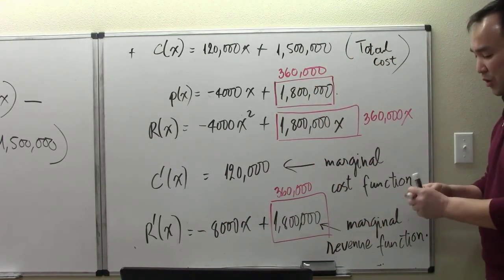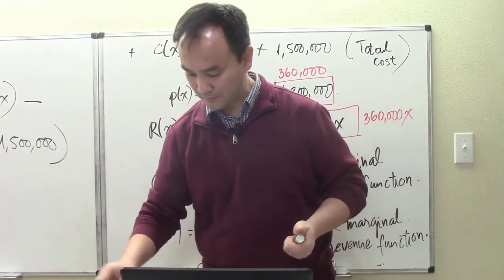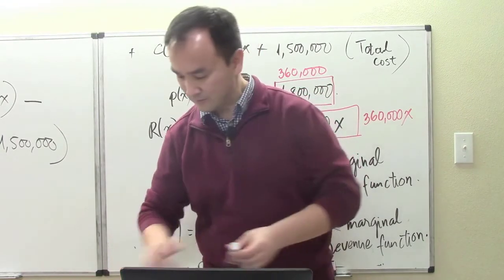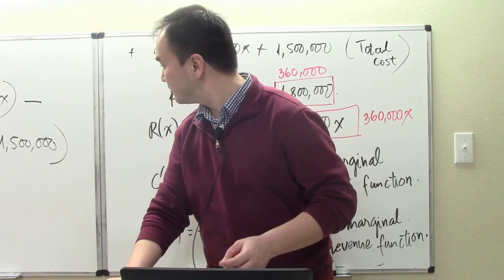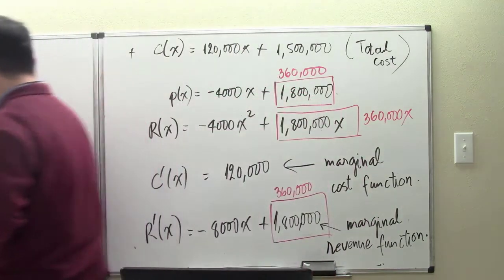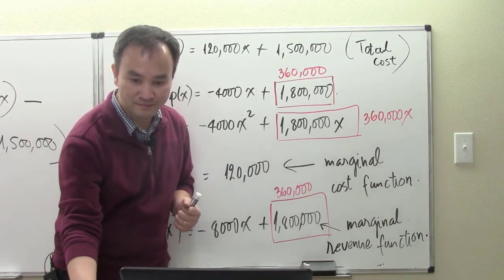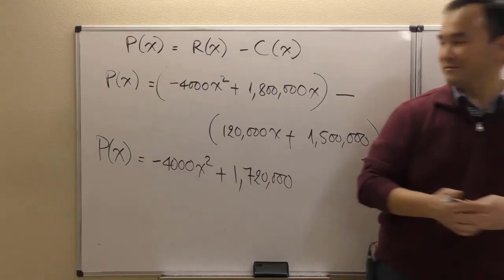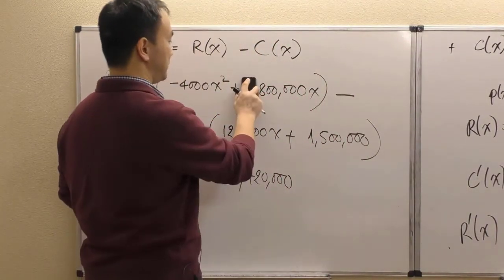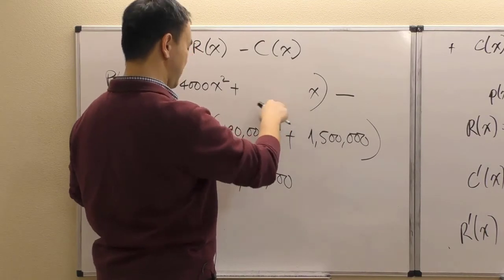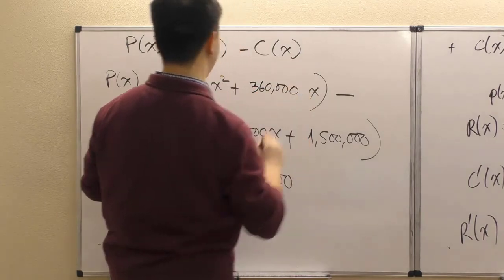And in that way, now back in my other board right there, this value here needs to be changed to 360,000x. That's for our revenue.